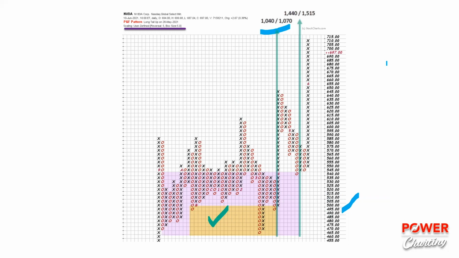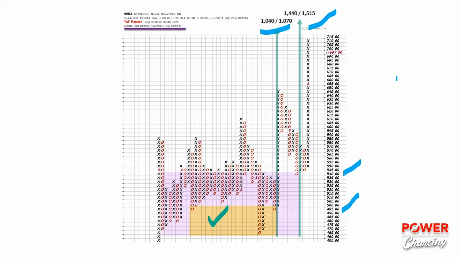So that does not produce the 3-to-1 reward-risk phenomenon. It's not really 3-to-1. It's threefold the count line. So in this case, we have here a $540 count line across, and we take the whole width of that area that we just did, and you can see this count at 540 goes up to 1440 to 1515.